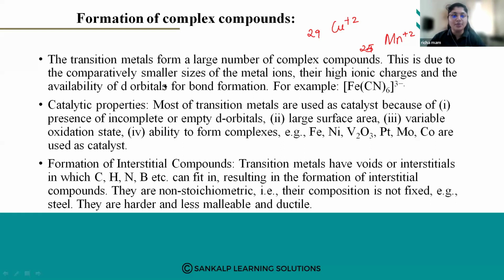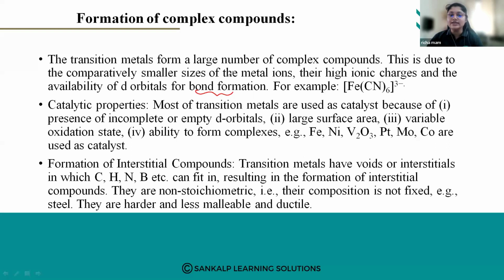So this is about the formation of complex compounds. What things do you have to remember? Transition metals form complexes due to the smaller size of the metal ions, high ionic charges, and the availability of d orbitals for bond formation.